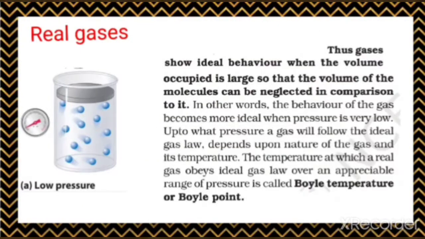Thus, gases show ideal behavior when the volume occupied is large, so that the volume of the molecules can be neglected in comparison to it. In other words, the behavior of the gas becomes more ideal when the pressure is very low. So, real gases behave like an ideal gas when the pressure is very low.